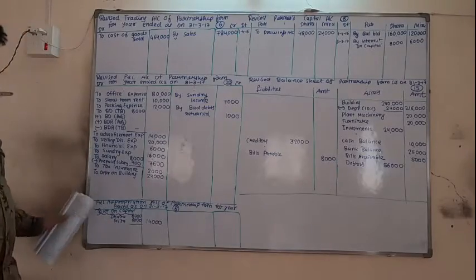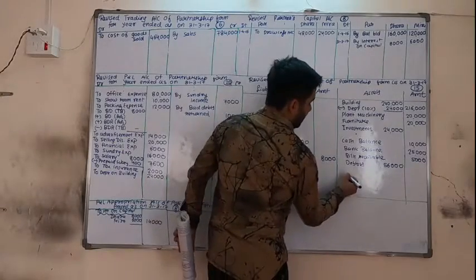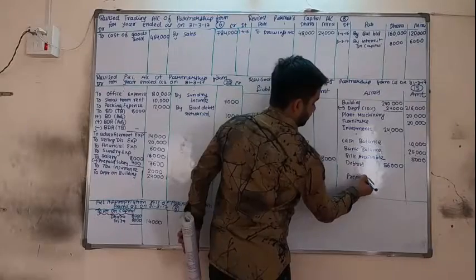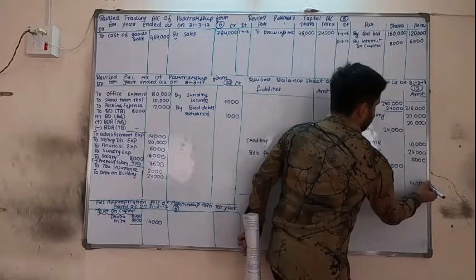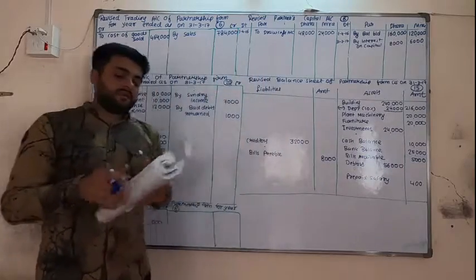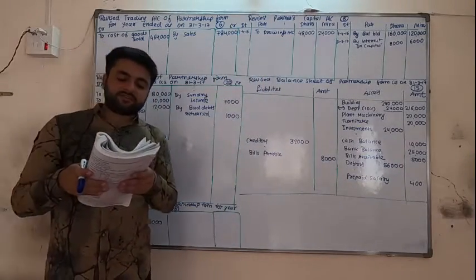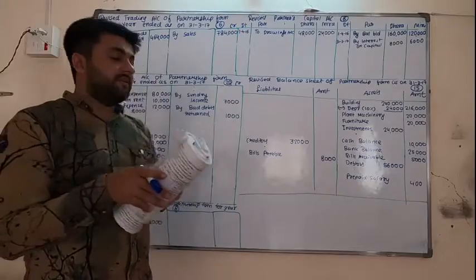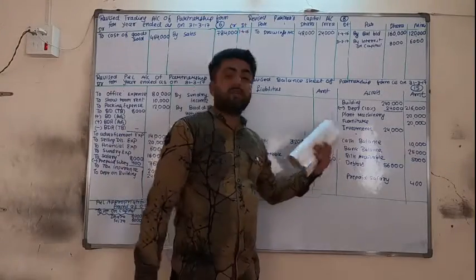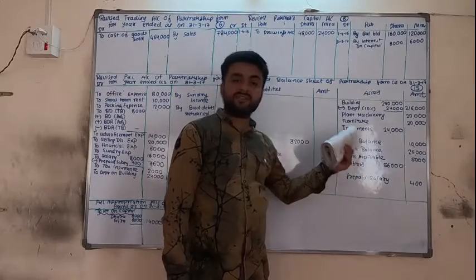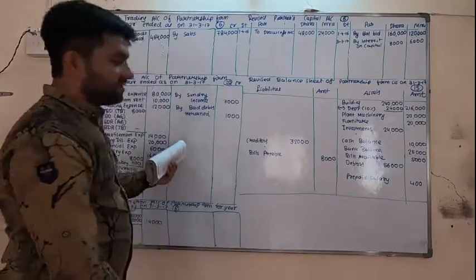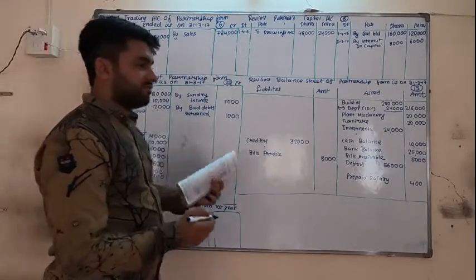After debtors I have one line, and then I will write prepaid salary 400. After that, interest on investment not received, 800. Not received means it is receivable. So here plus, debit side plus means debit. If one is debit, the other is credited here. This you should know.